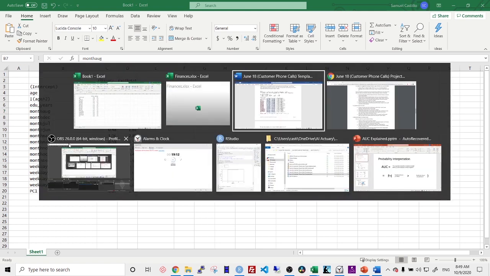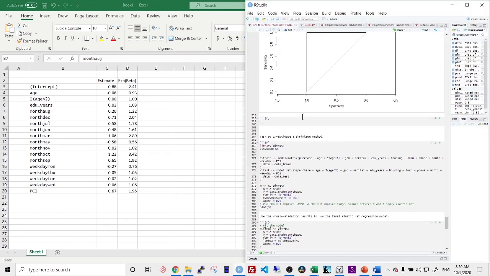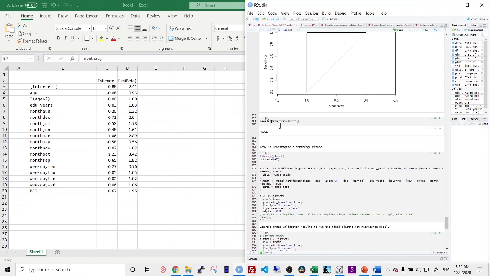There are two ways that you could do this. You can just type levels into the console. So you go to levels and then data train month. And this will actually tell you nothing, because you have to convert this to a factor first. And then you'll see that the base level, the first level, is April.